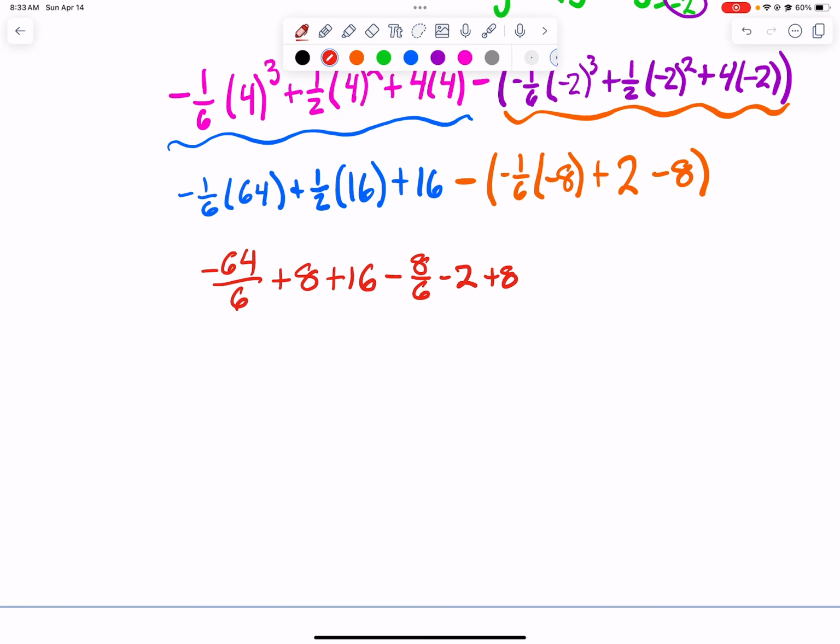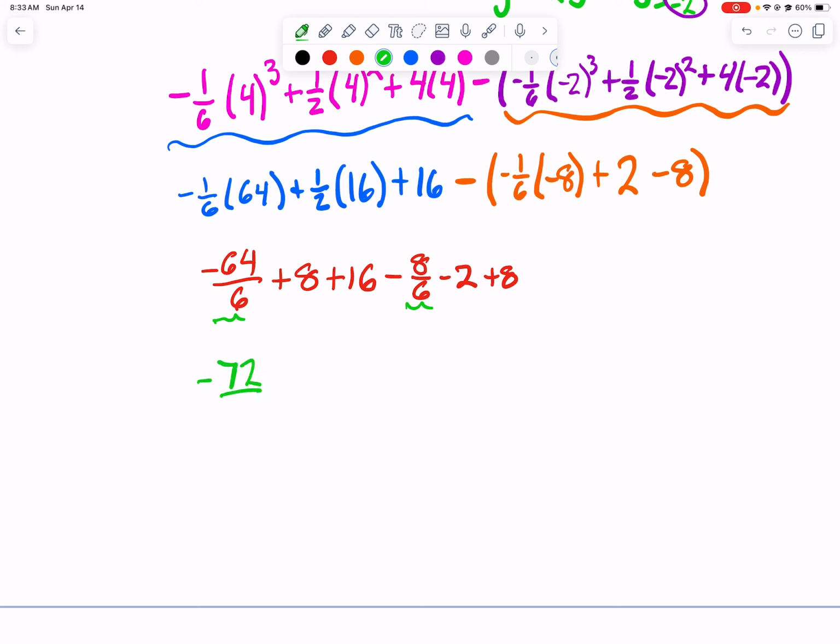Simplifying here. We just keep going, don't we? I'm going to leave it as negative 64 over 6. Let's combine these two real quick. Negative 64 minus 8, or 64 plus 8, is going to be 9 times 8, which is 72.